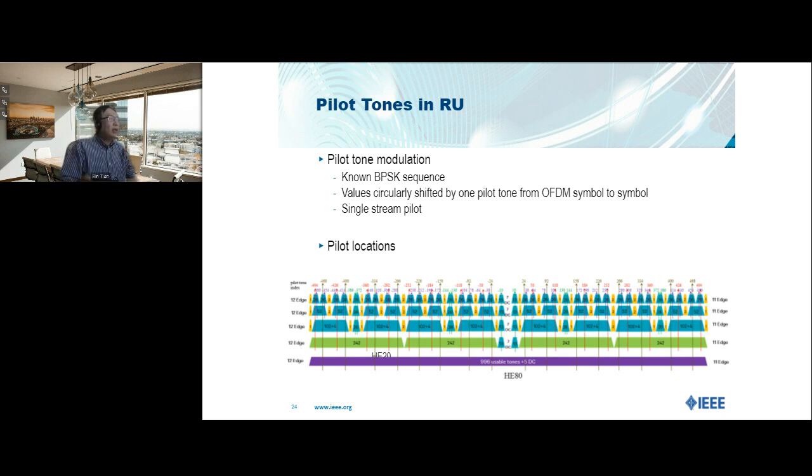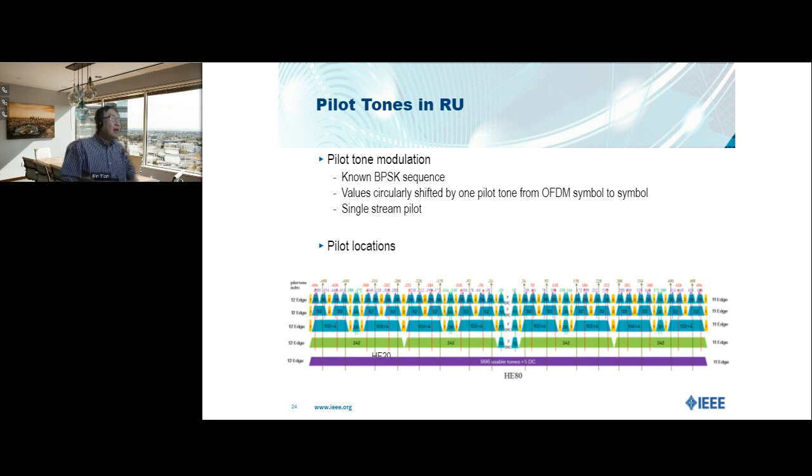We call it the BPSK pilot sequence. This pilot sequence is fixed, but is circularly shifted by one pilot tone from one OFDM symbol to the next. In other words, suppose you have four pilot tones. The values are A, B, C, D for the first symbol. The next symbol will become B, C, D, A. So the same sequence keeps shifting from symbol to symbol.